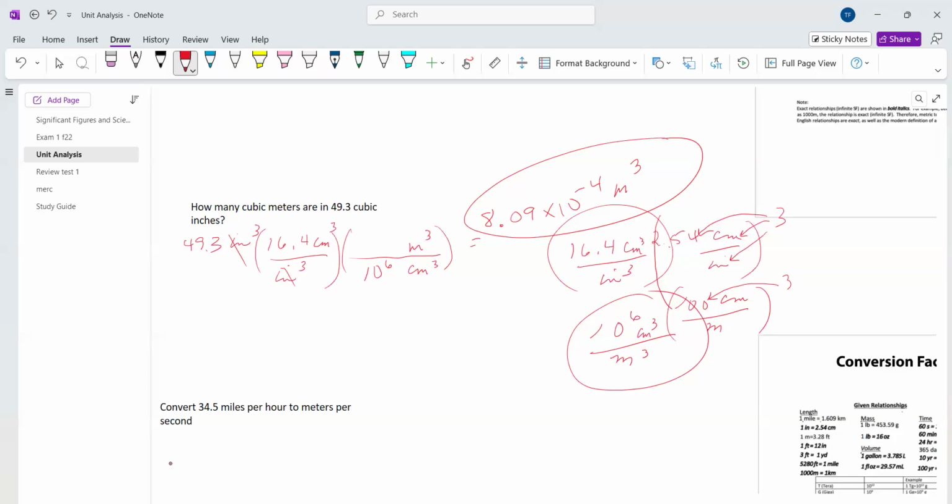When I teach Chem A and Chem 300, my students aren't used to this. So when you run into a cubic meter problem, or a square, if you're going into surveying, they work with square miles, square yards, square hectares all the time. Or if you're buying a house, you're looking at square feet of the house.